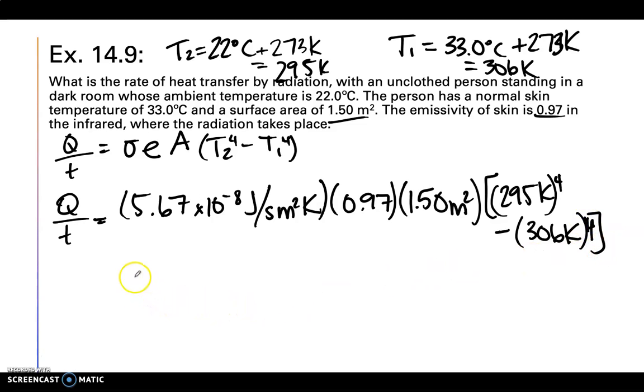Putting it all into your calculator, you will get negative 98.5 joules per second.